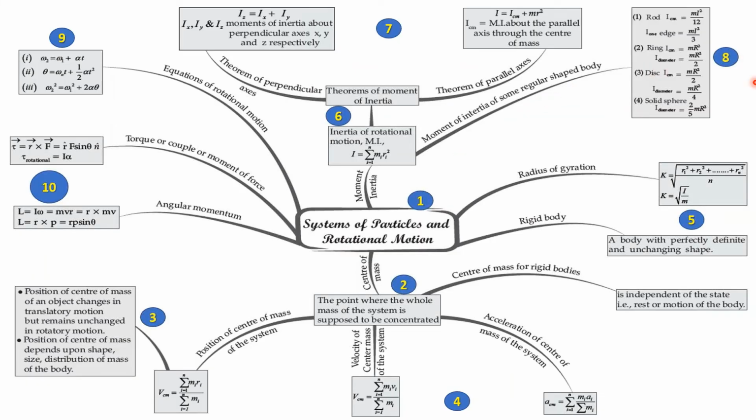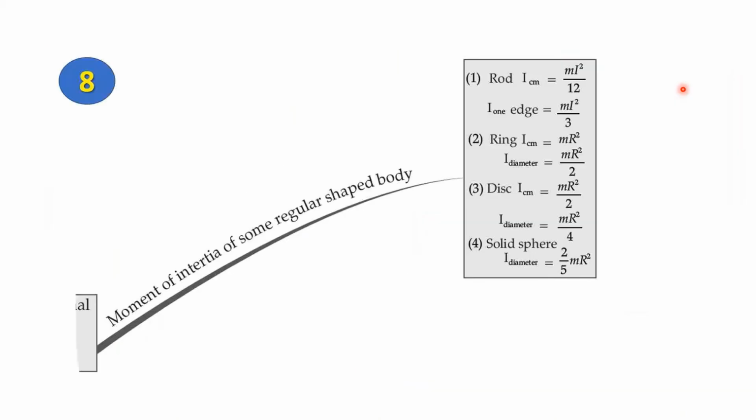Now we move on to the eighth part of this mind map. This shows some formulae for regular shaped bodies. Let me expand this picture. The heading here is moment of inertia of some regular shaped bodies.